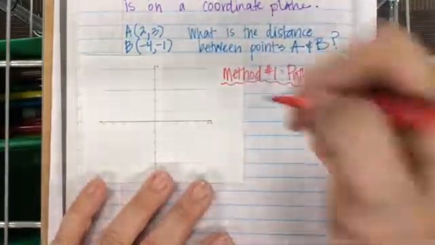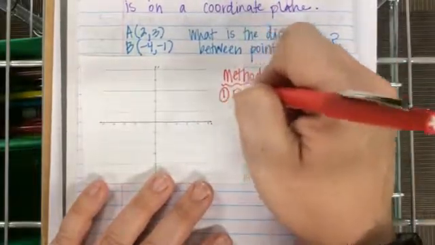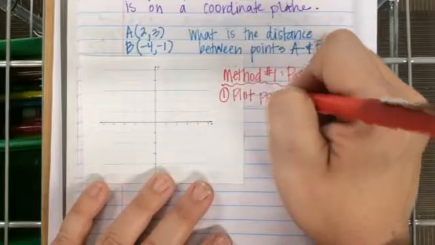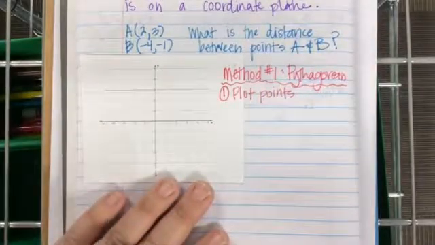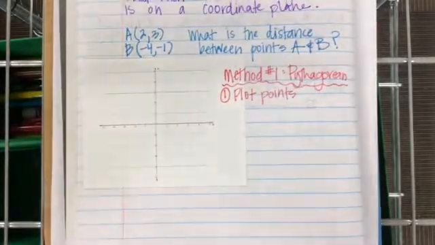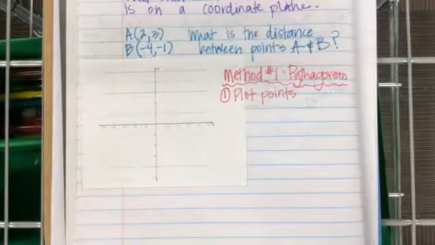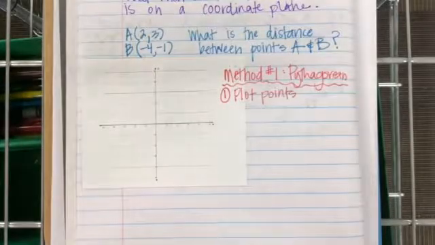So to do the Pythagorean theorem, step number one, plot the points. In order to use the Pythagorean theorem, you must have a graph. So if you're not provided a graph, you're going to have to draw a graph. Okay?